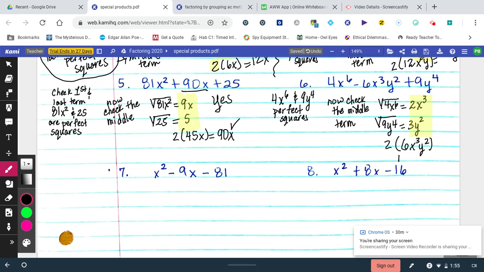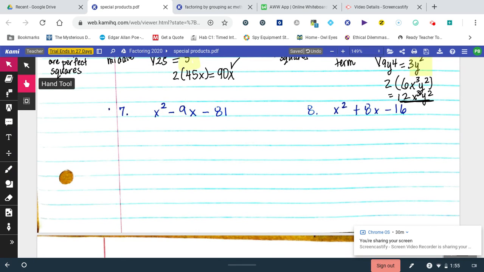Twice that is 12x cubed y squared. So is this the same as that? Okay. So this is also a no. It's not a perfect square trinomial. I had the x cubed and the y squared, but I didn't have the coefficient of 12. All right, let's move on.